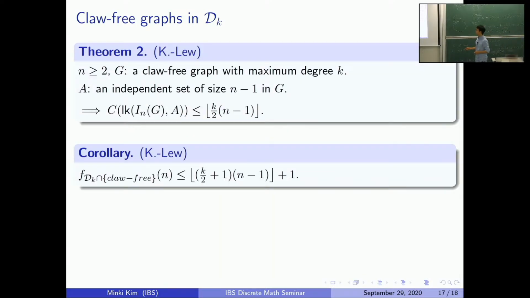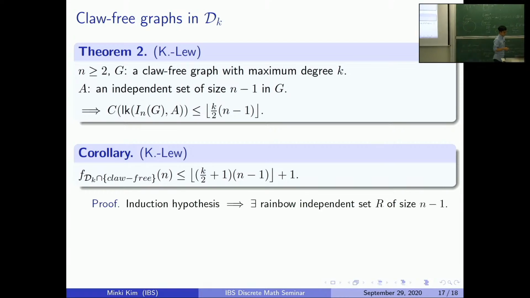And now I need to explain how we can derive this corollary from this theorem. This corollary means that for any claw-free graph with maximum degree k, whenever we collect this many independent sets of size n, then there is a rainbow independent set of size n. And this is again by the collapsibility theorem, in a different way.